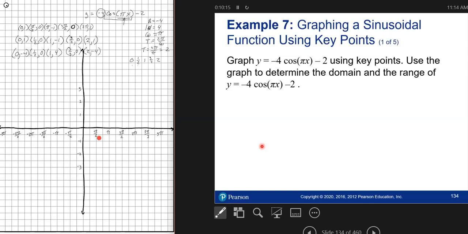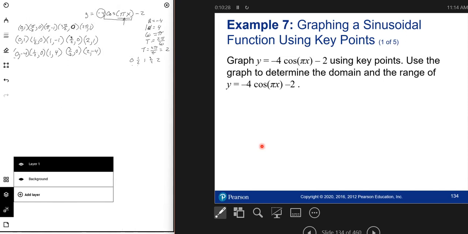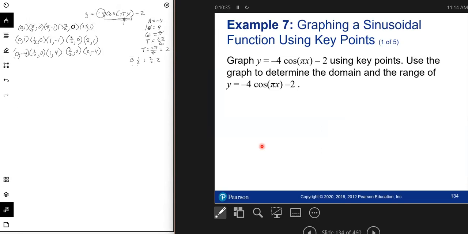Let me see. The background is gone. Okay. So that's what I'm going to have to deal with. So now we have, and it goes from 0 to 2.